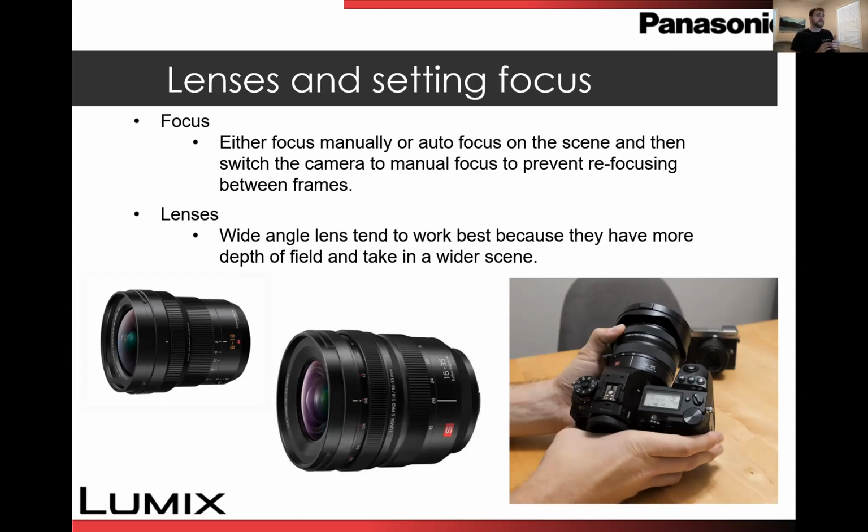So just like standard photography, there are good lenses to use, recommended lenses to use, lenses that you probably shouldn't use. But ultimately, it comes down to what you're trying to film, what you're trying to convey.